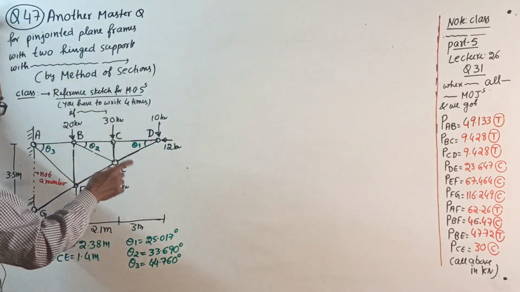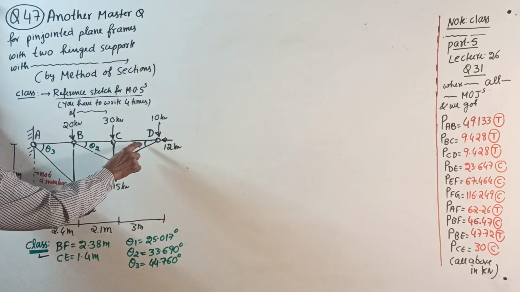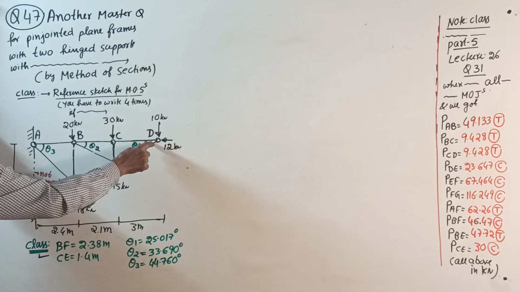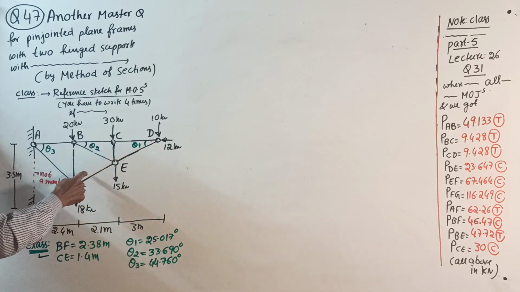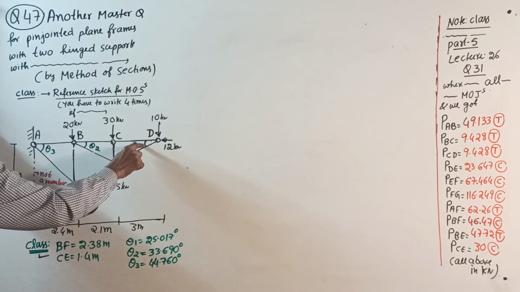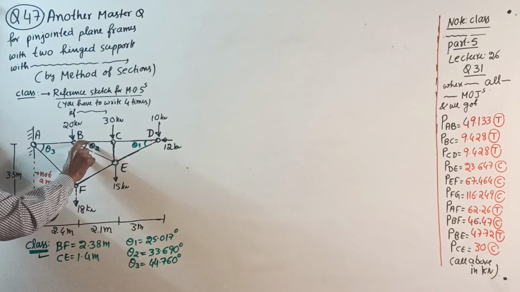Okay, then also, for the inclined members, you may require the angle. If this member or this member or this member comes for any calculation, you require this angle. If this member comes for calculation, you require this angle.